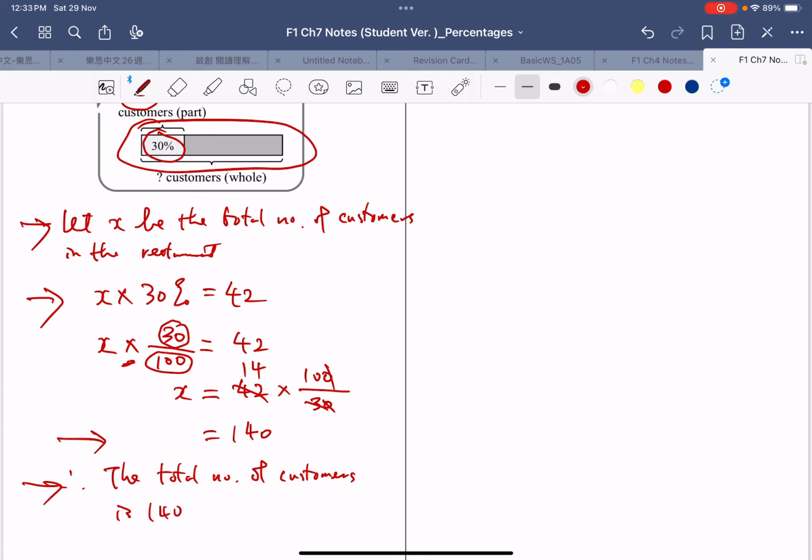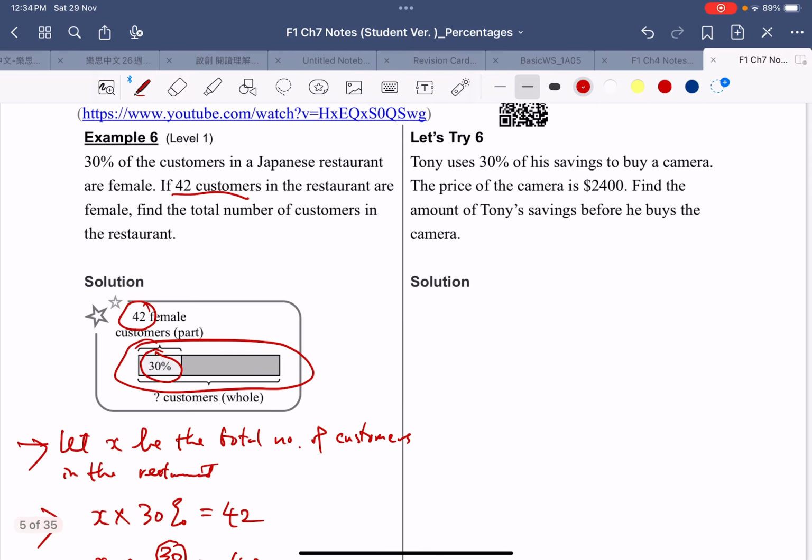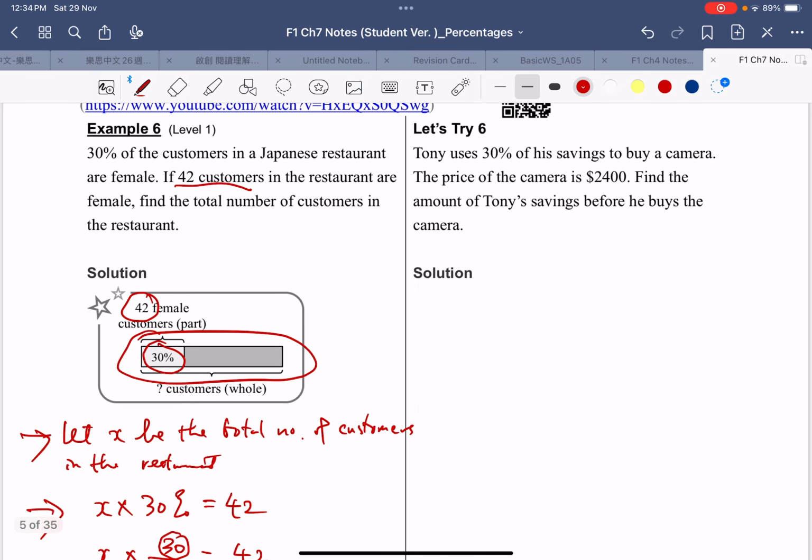Remember all these things in order to score full marks. These are the proper steps for solving equations. Now let's try question 6 here. Pause it, think about it, and then do it.